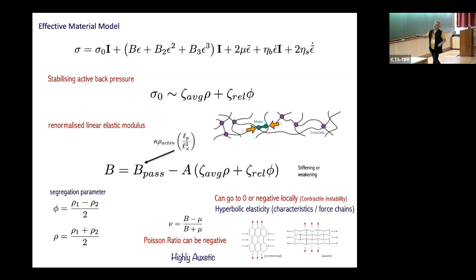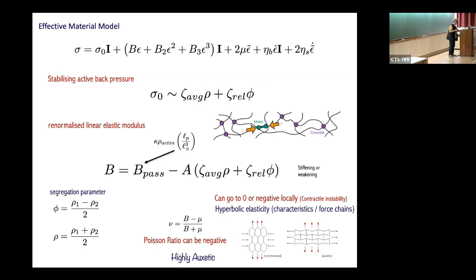This gives rise to a negative Poisson ratio. That is, if you pull it here, it can expand in the perpendicular direction. Because the Poisson ratio is the ratio of B minus mu divided by B plus mu, where B is the bulk modulus and mu is the shear modulus. So these have very strange elastic properties.